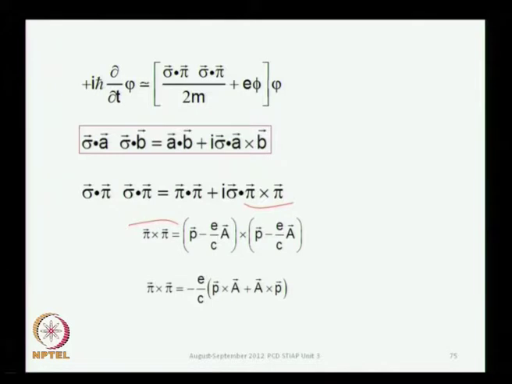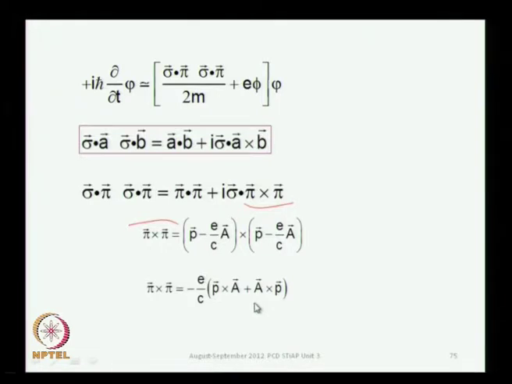Again the denominator c is large, and the vector potential is weak in most of the situations that you talk about. So, what you are left with is only the linear terms, in which you have P cross A plus A cross P.